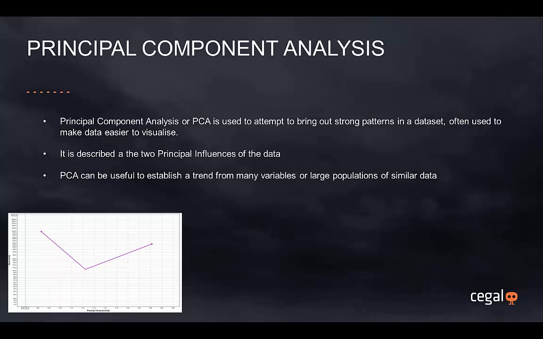Finally, we can also show a principal component analysis of our two axes, and this can be useful to bring out strong patterns in a kind of cloud of data, and this works by basically drawing the two strongest directions of influence in your set of data. So it can be useful to establish a trend from many variables or a large population of data. So let's take a look in PERCENTILE at how this works.